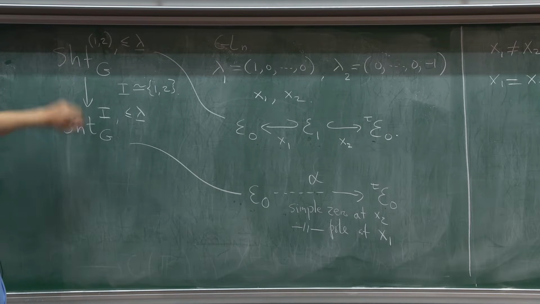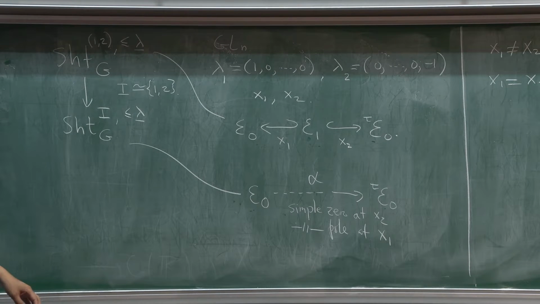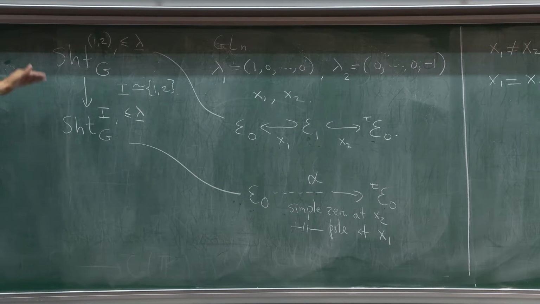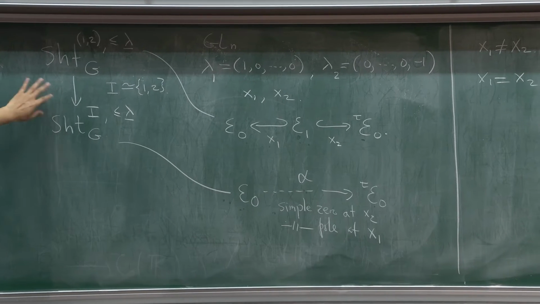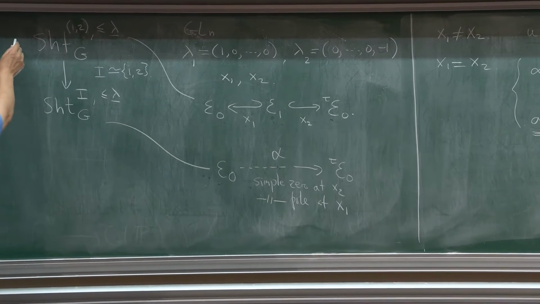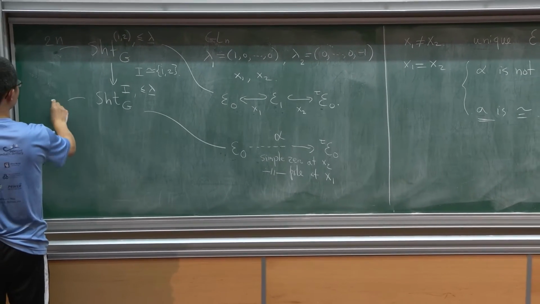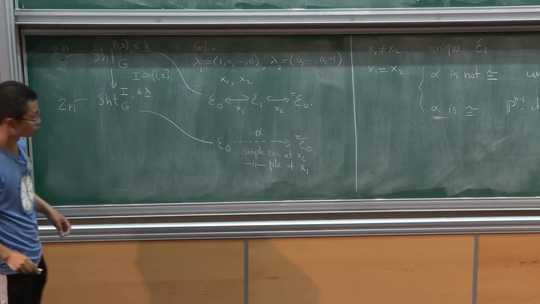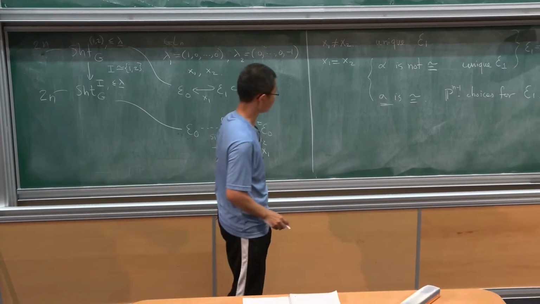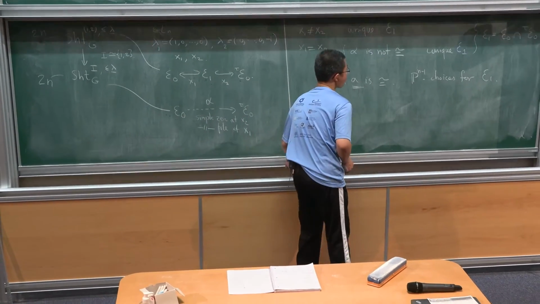Otherwise, it's an isomorphism. Okay. But it doesn't affect the dimension. This has absolute dimension 2n. This also has absolute dimension 2n. Okay, so just one example.